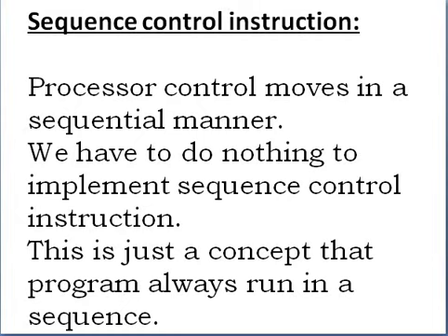As we know, programming is done with the help of different statements. Here we have to do nothing to implement sequence control instruction. This is just the concept that a program always runs in a specified sequence, one after another.